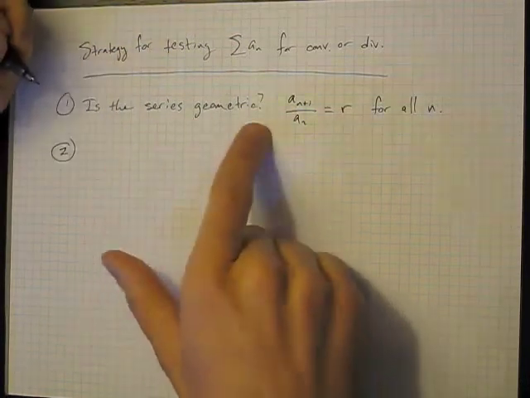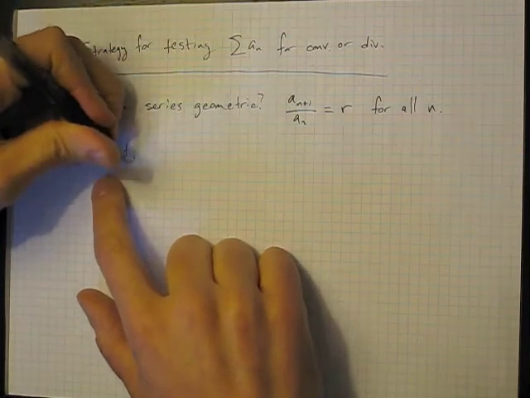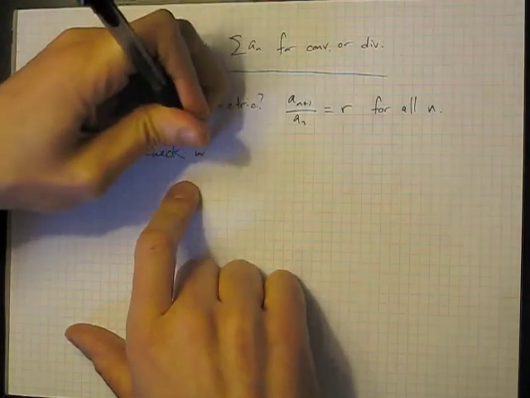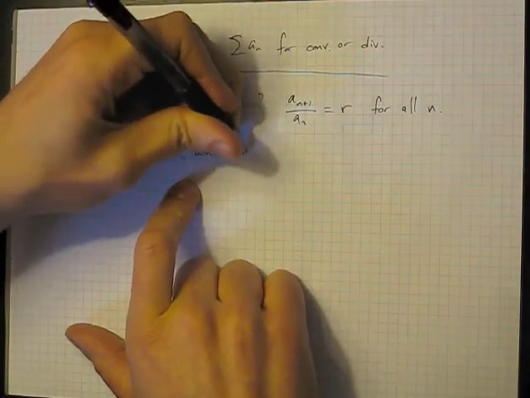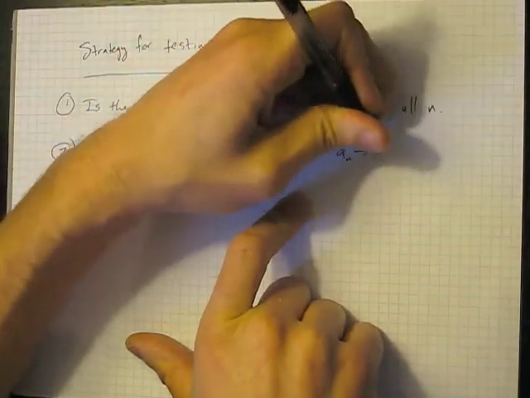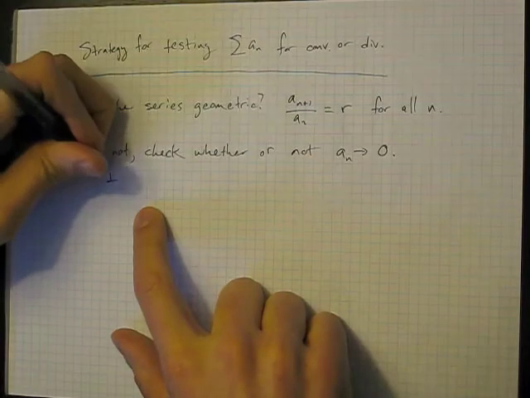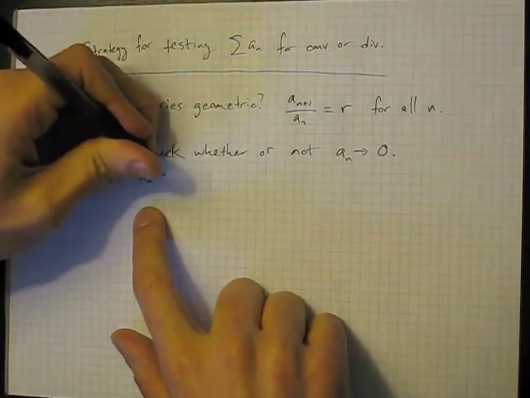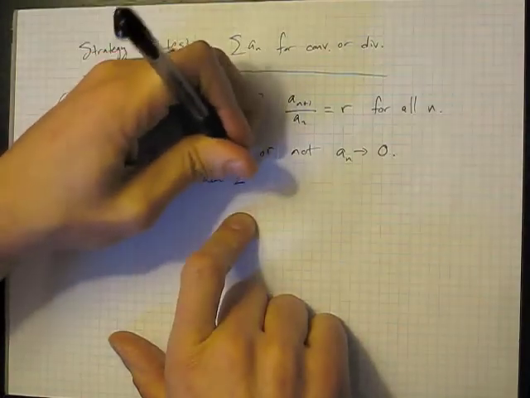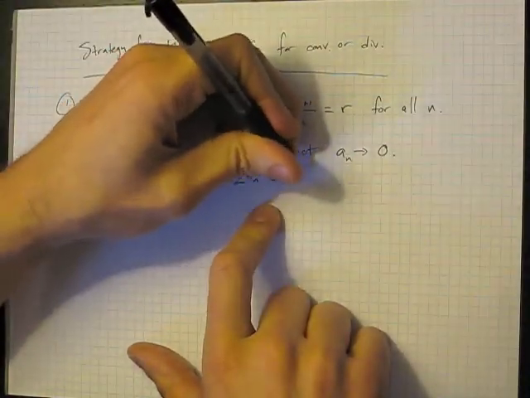If not, check whether or not the terms go to 0. If the terms don't go to 0, then the series diverges by the test for divergence.